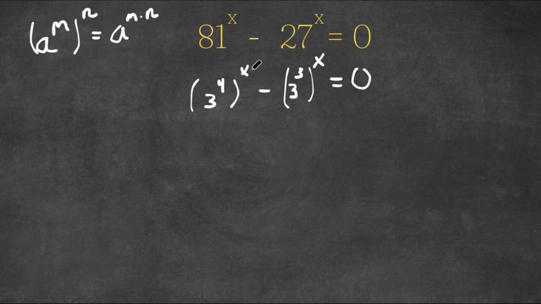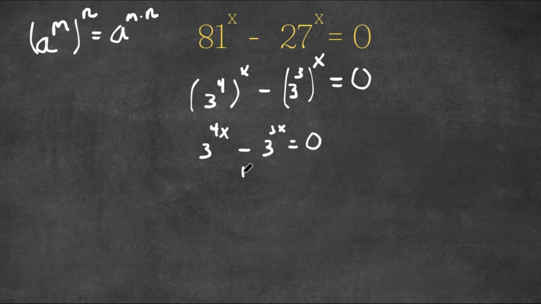Meaning 3 to the power of 4 to the power of x would equal 3 to the power of 4x, minus, and we do the same thing over here: 3 to the power of 3 to the power of x is 3 to the power of 3x. Now this is equal to 0.